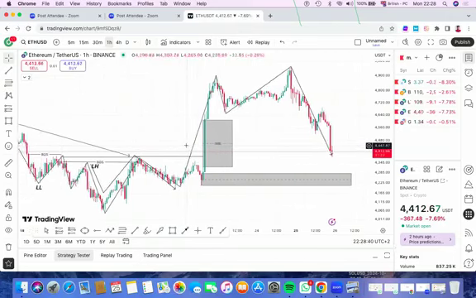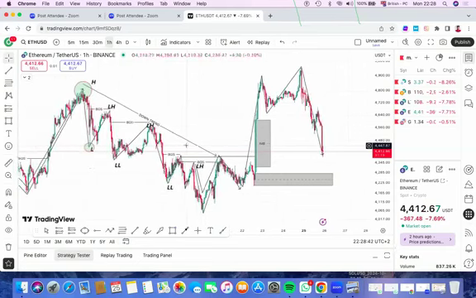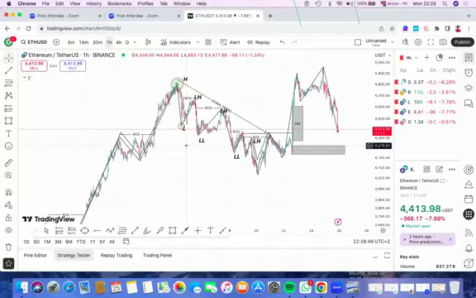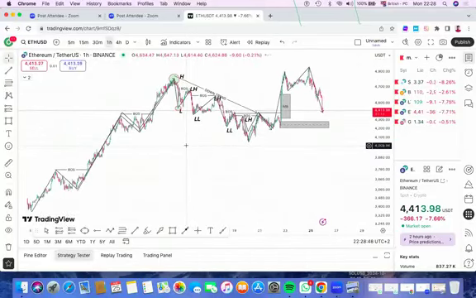Okay? So the next terminology we've learned about today, we've learned what is our high, what is our low, what a downtrend is, and we know what an imbalance is.